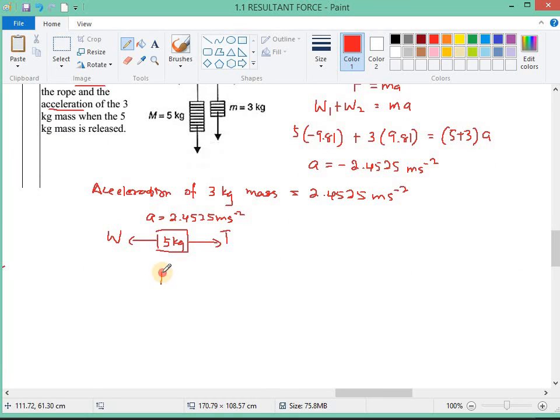So F equals ma. This force is the weight and the tension, so W plus T equals ma.